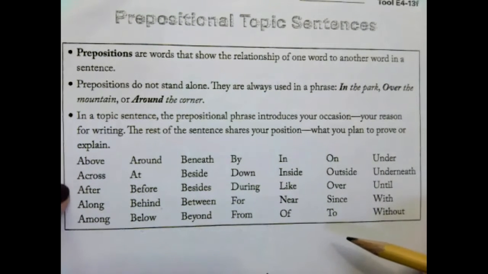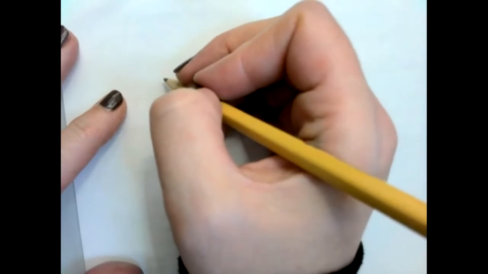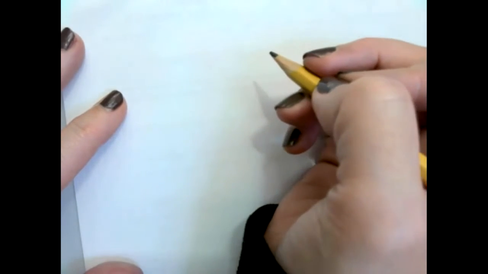So when I teach prepositions, I like to teach it with a prepositional poem. So I'm just going to flip this over, and I might say, okay, it's going to be a poem with 5 lines, and each line is going to be a prepositional phrase, and a prepositional phrase starts with a preposition.